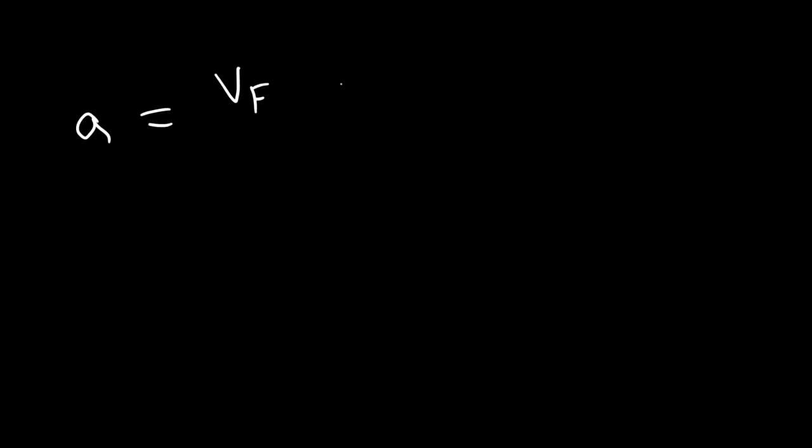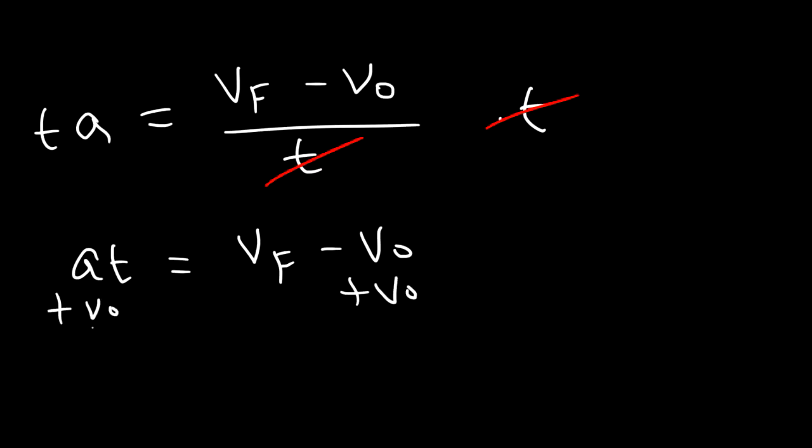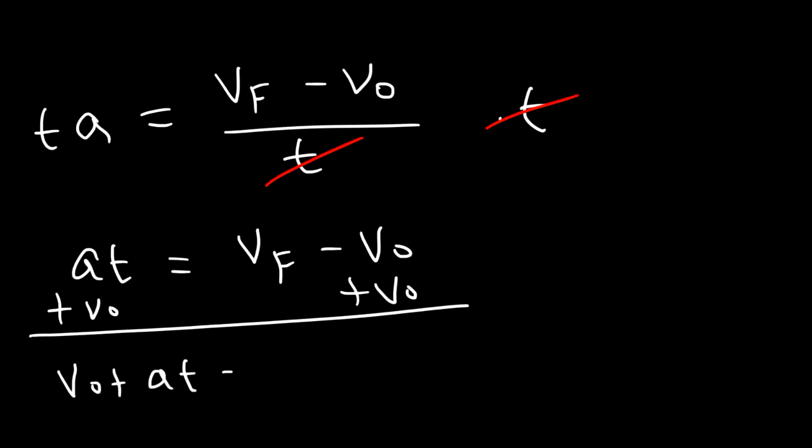Now, starting from this equation, there's another equation that you might find useful. Let's multiply both sides by t. So at is equal to v final minus v initial. Now let's add v initial to both sides. So v initial plus at is equal to v final.